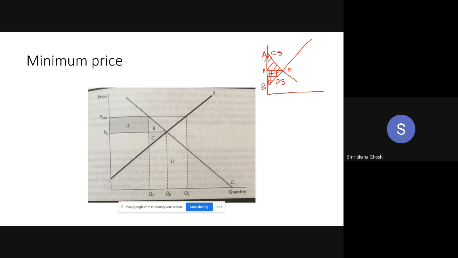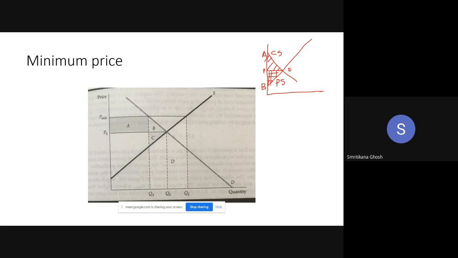So this is the benefit of the consumer from the price mechanism, from the market. Similarly, producer surplus is the extra money which the producer receives after selling his commodity. So producer surplus is also the benefit of the producer through this price mechanism. This is why the sum total of consumer surplus and producer surplus is called social welfare.